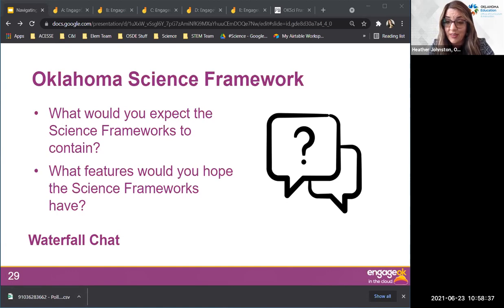And continuity within the disciplines, mapping, examples of student-led investigations, student actions, teacher actions, different types of bundles. Awesome.